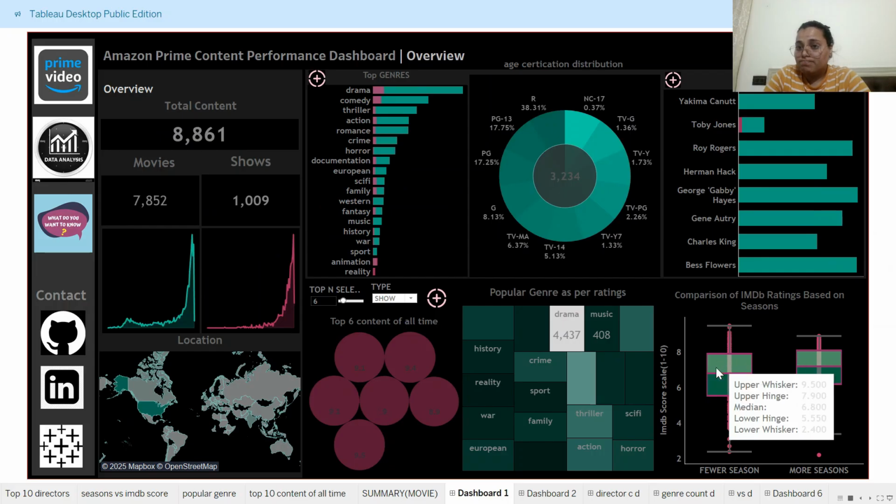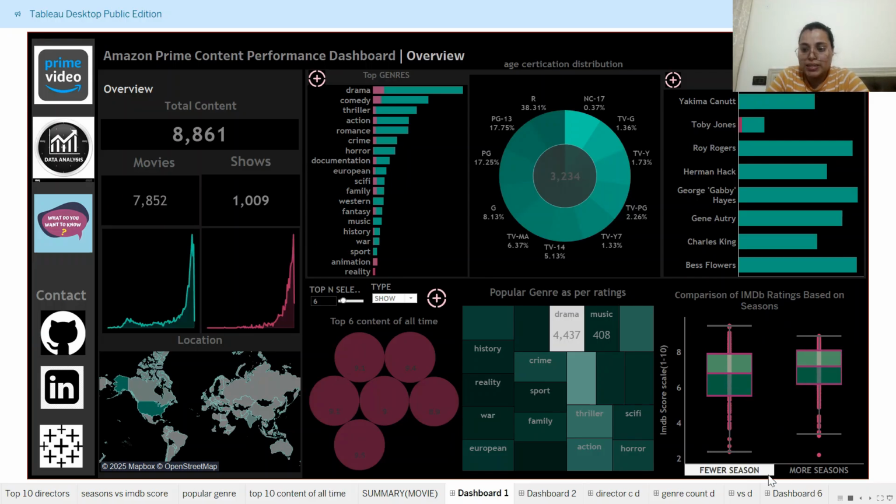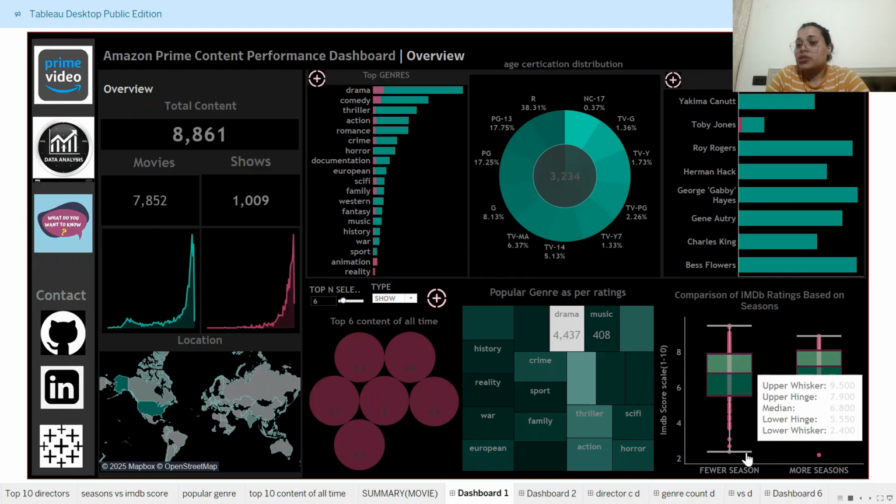Lastly, this chart is all about the comparison of ratings as per the season. So we have two groups here, fewer seasons and more seasons. For fewer seasons, we have different data for the shows where the number of seasons is available.